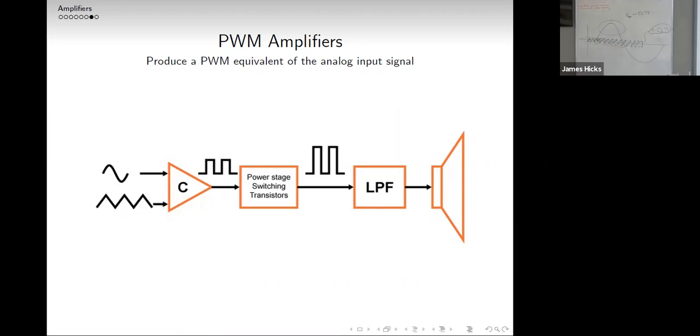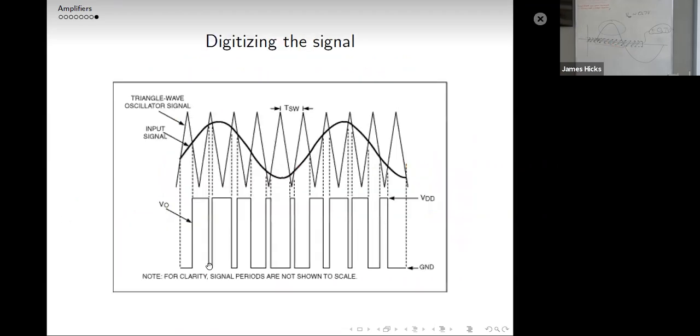A picture of that. Okay, there's kind of a lot going on in this picture, but the top half shows the triangular wave oscillator signal, that's like my reference, superimposed on my slower frequency input signal.